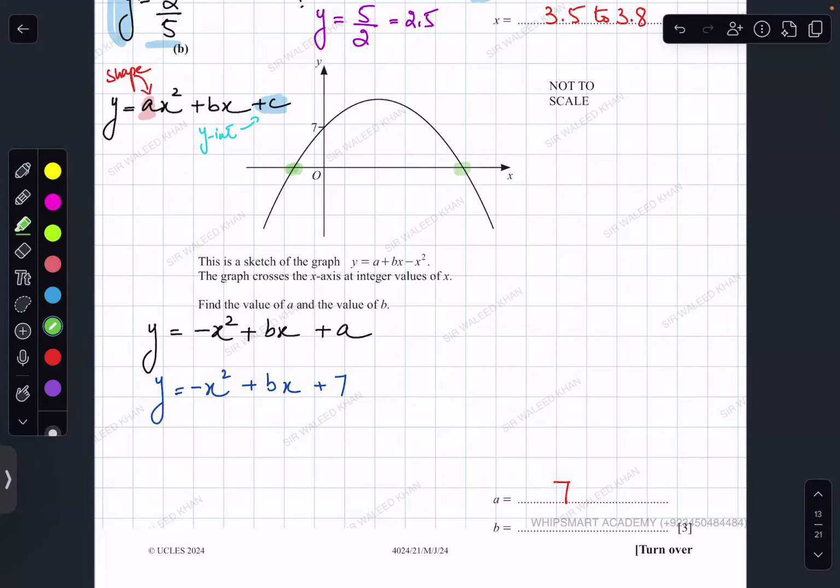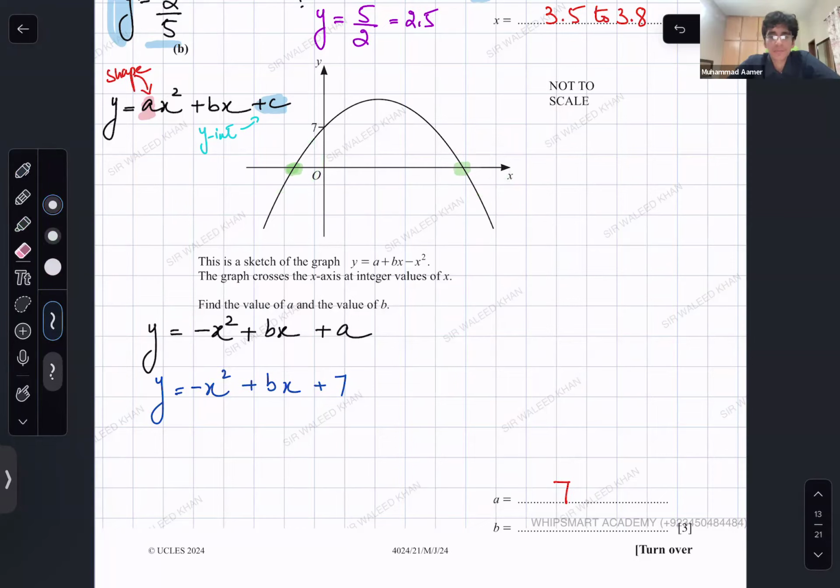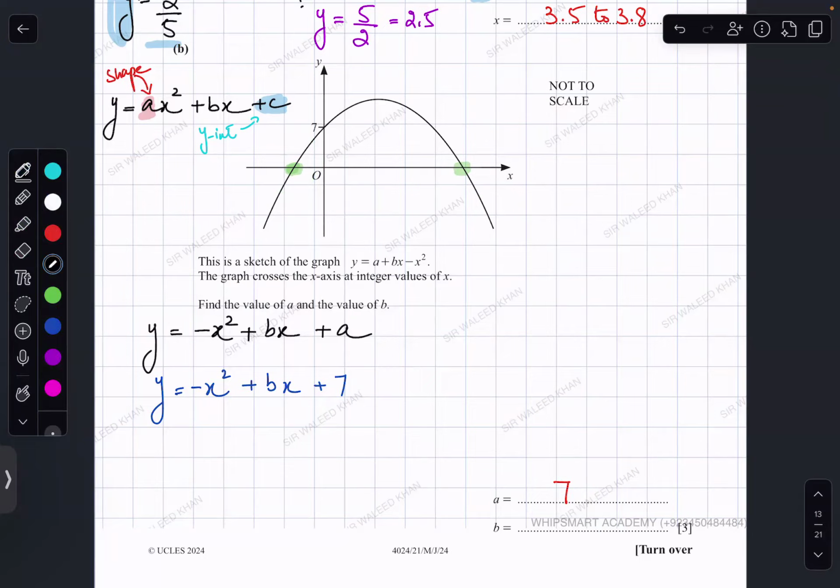What should be the value of y over here? Sir, 0. So I will write it as minus x squared plus bx plus 7 is equal to 0.